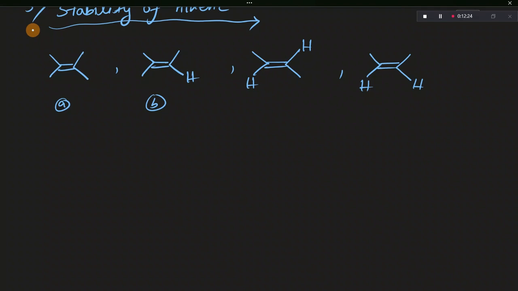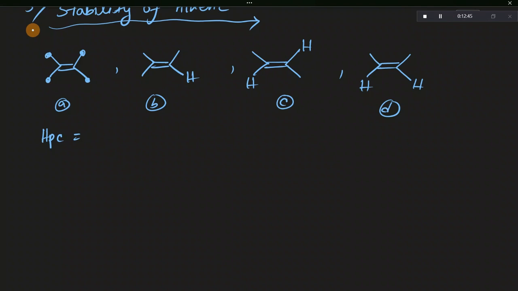A, B, C, D. If we want to compare the stability order of these four alkenes, we have to count the hyperconjugation structures. Now for this, number of alpha carbon: 1, 2, 3 and 4.